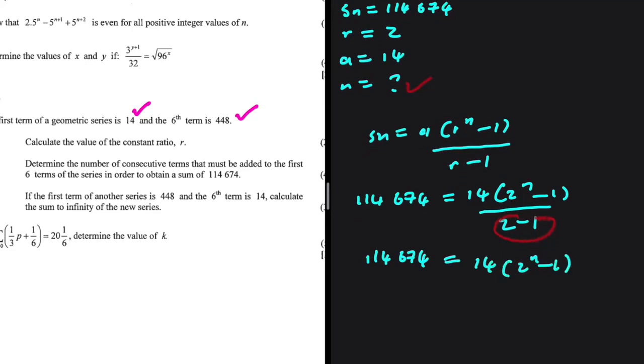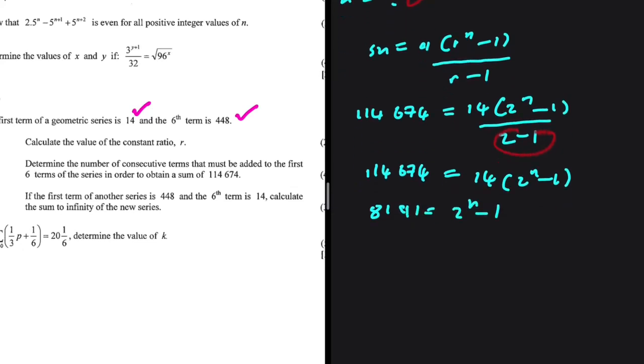So we are dividing both sides by 14. If we do that, we're going to have 8,191 being equals to 2 to the power n minus 1. If we take minus 1 to the left hand side, we're going to have 2 to the power n being equals to 8,192.